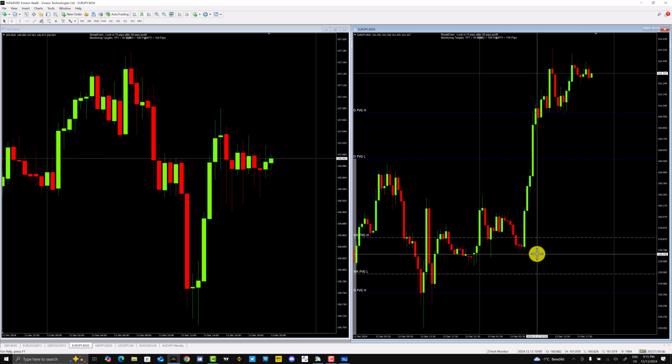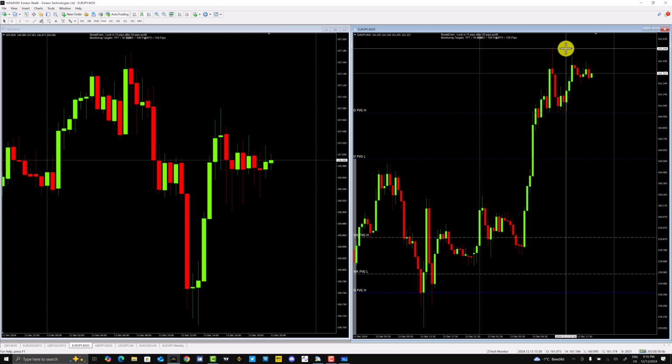Today's trading on the euro we have 159 pips. If I take the range from this high to the low we've had for the day, we're getting almost 183 pips on the euro JPY.